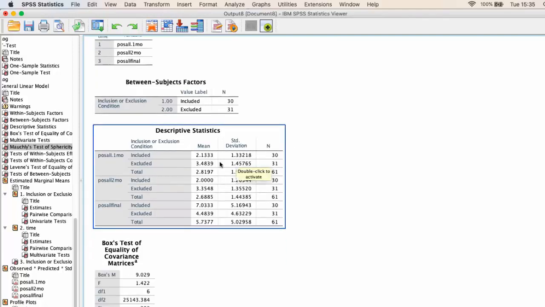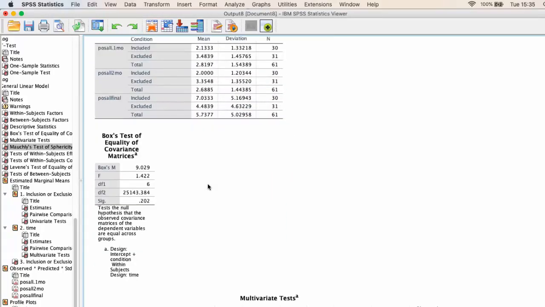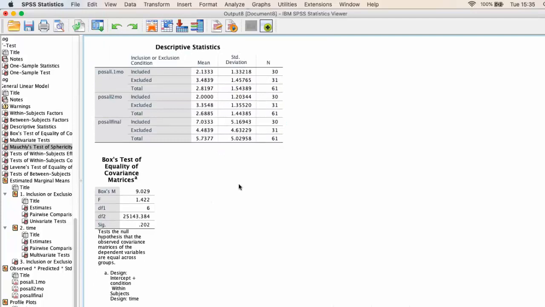And you've got your descriptives for means and standard deviations. So when you're talking about your assumptions, you would start by saying the assumption of independence was assumed again. I know this is repetitive, but you want to do it for each one. That's how the comps work. And then you've got your Box's test of equality of covariance matrices. For this one, you could just write out what it says here: the observed covariance matrices of the dependent variables were equal across all groups.